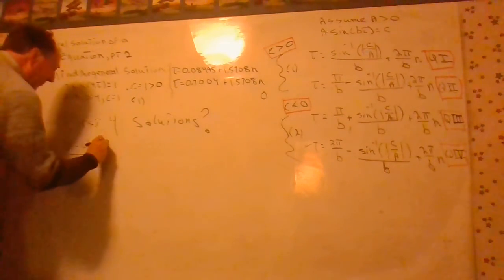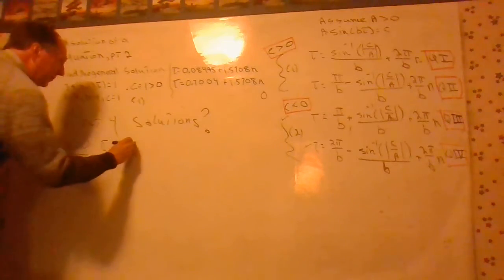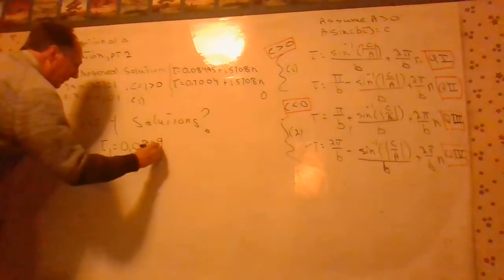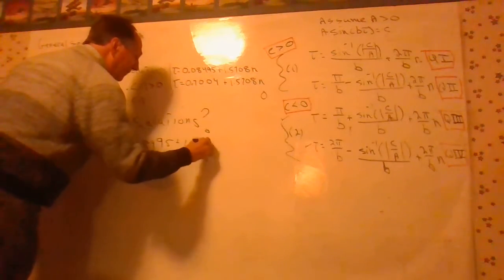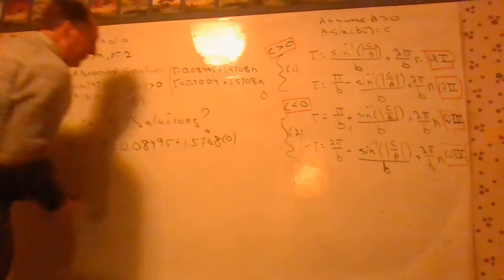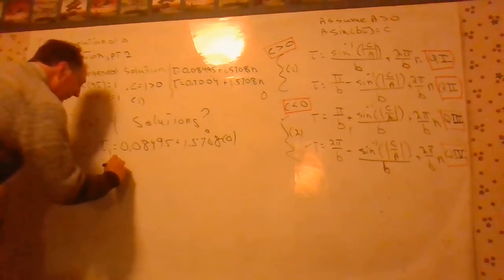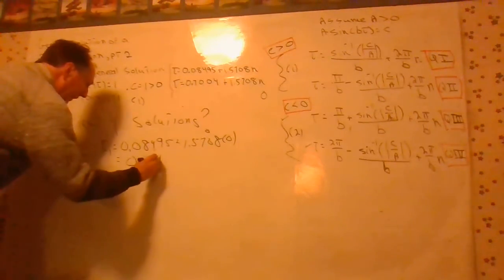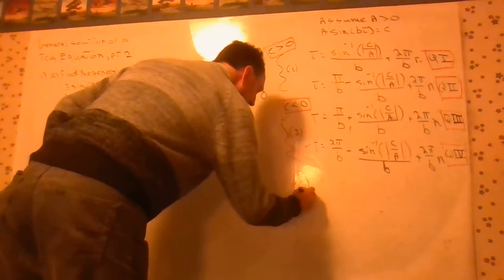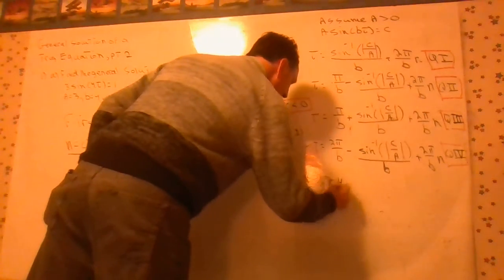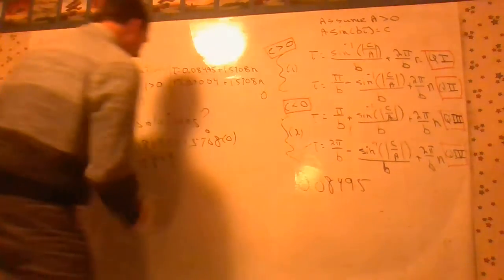And so you have T1 is 0.08495 plus 1.5708 times 0. And you just end up with 0.08495. We'll write that down here so you can see it.